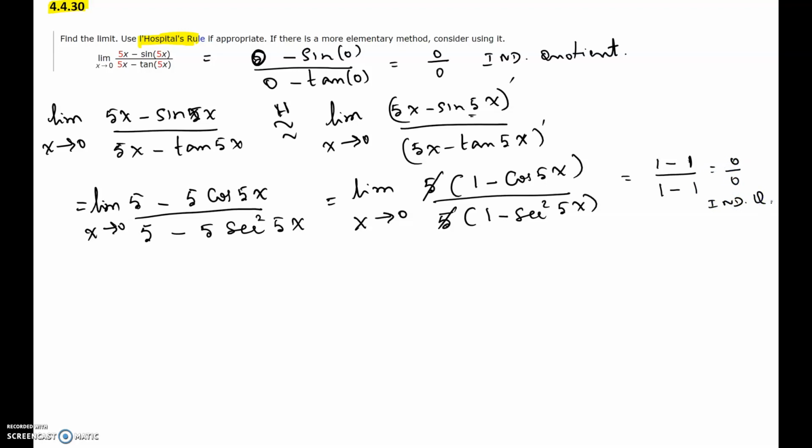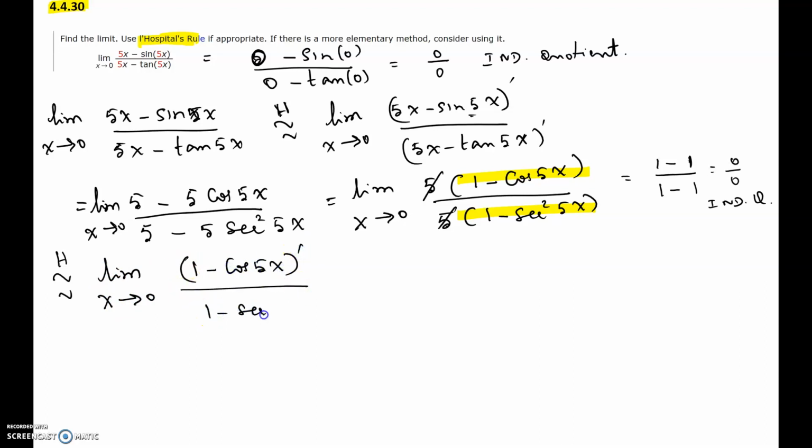So here also we are going to apply L'Hopital's rule. Anytime you have an indeterminate quotient, you can apply L'Hopital's rule. So we are going to apply it to this quotient: the derivative of the numerator 1 minus cosine of 5x, divided by the derivative of the denominator 1 minus secant square 5x.